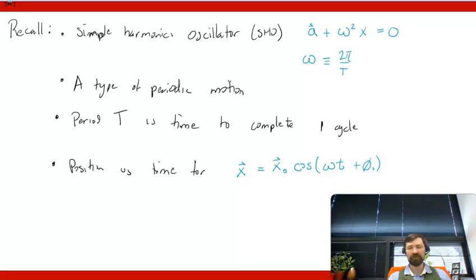It can also, for what it's worth, be described using two different values of displacement and a sine and a cosine. But for introductory physics purposes, I prefer this form of the equation because we know what each one of these three things tells us for that system directly. Basically, you have an amplitude, you have a frequency, you have a phase.